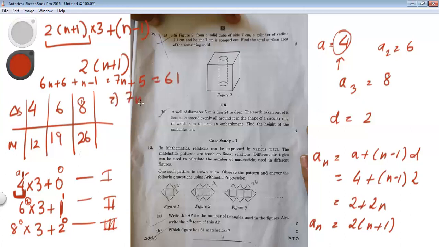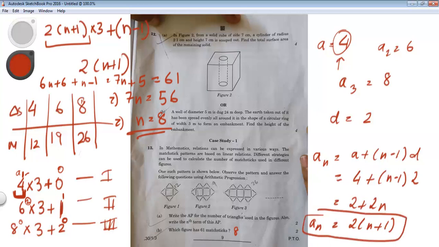So 7n will be equal to 56. So this will give you n equals 8. I hope your answer to B is 8, and the nth term of the AP is 2 times n plus 1. This one you need to write. This is how you need to solve it.